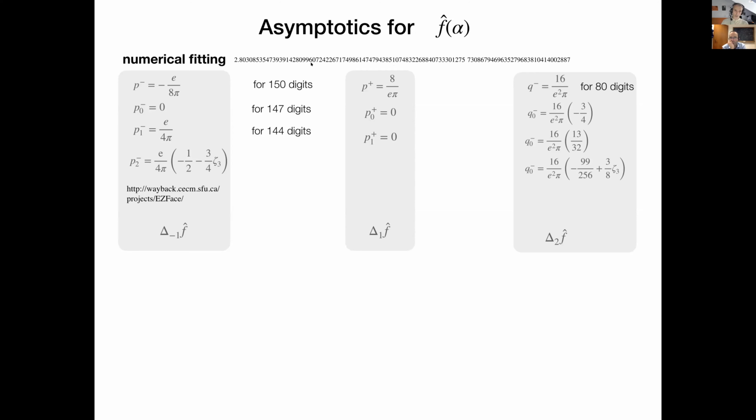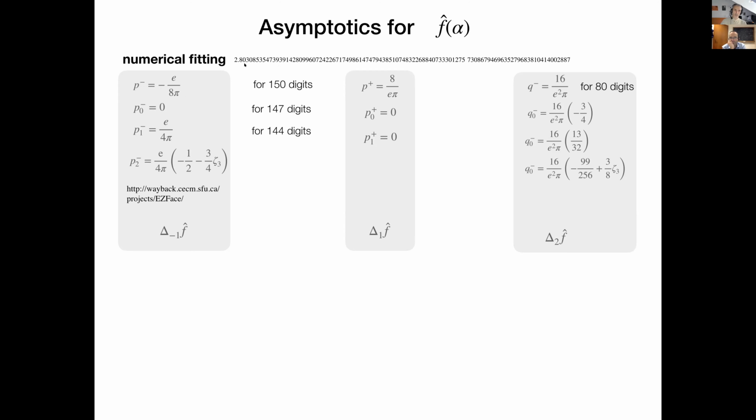And I already told you that Ferenc Niedermayer, when he calculated the mass gap, even from, I don't know, 6 or 8 digits, he could figure out that this number should be 8 over E. And actually, I didn't know what such an ugly number is, but my collaborator János, who also worked on similar models, suggested that it should be, in this case, minus E over 8 pi.